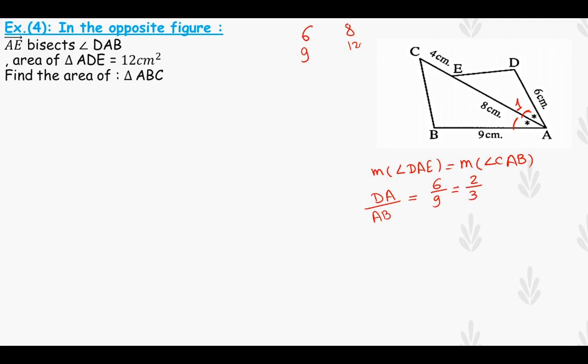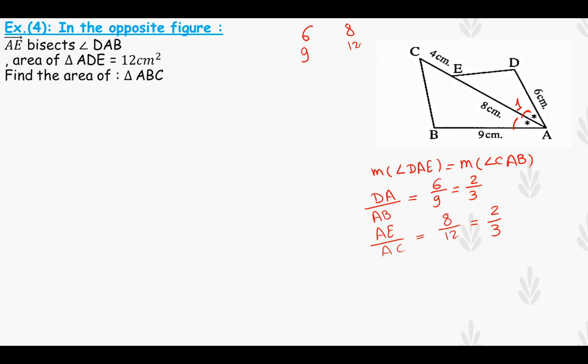And the bigger side over the bigger side: 8, which is AE, over the bigger side in the other triangle, which is 12 centimeter, AC. Its ratio will be 8 over 12. Put it in the simplest form: divided by 4, it equals 2, divided by 4, this equals 3.